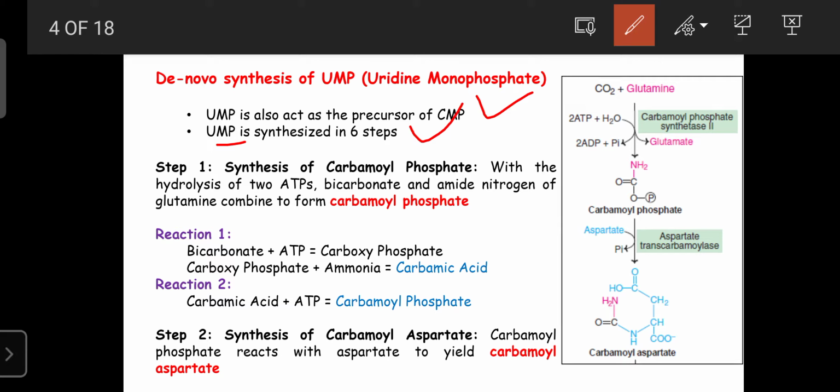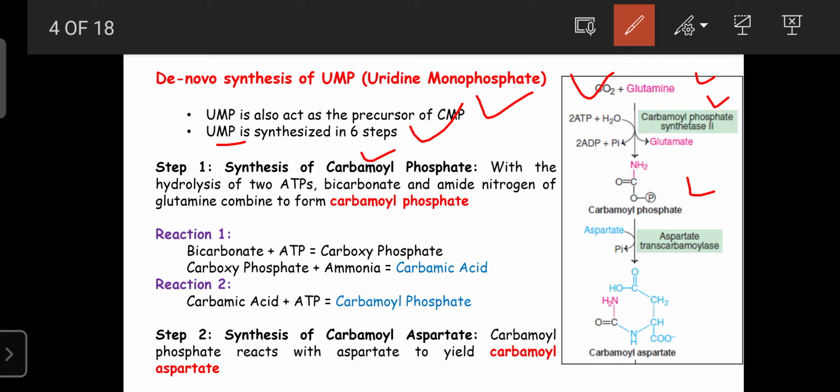The first step is the synthesis of carbonyl phosphate. The carbonyl phosphate is synthesized from glutamine and carbon dioxide in the presence of the enzyme carbonyl phosphate synthetase 2. This enzyme is only found in the cytosol.